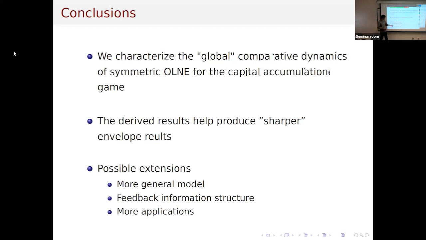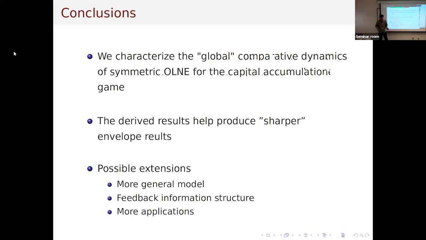Also, we can work on the feedback information structure. I know that most economists prefer this type of concept. In principle, we can apply our approach to the feedback case, but as we all know, there's an extra term in the first order condition that is going to greatly complicate the math.